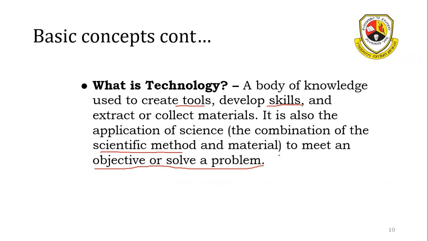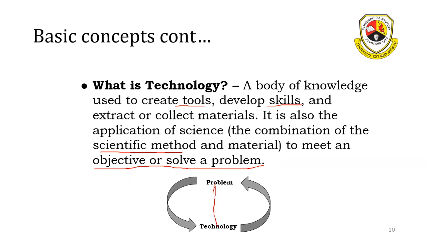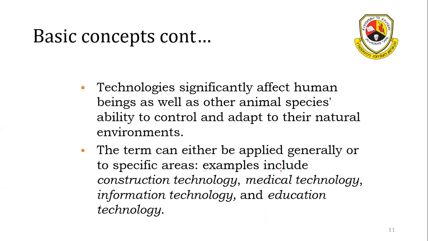Even something as simple as herbal medication is also a technology, because it is somebody's skill and knowledge that has been developed over time to solve a problem. So when you look at that little diagram there, we understand that technology must exist to solve a problem. That is one of the key things that we must understand.